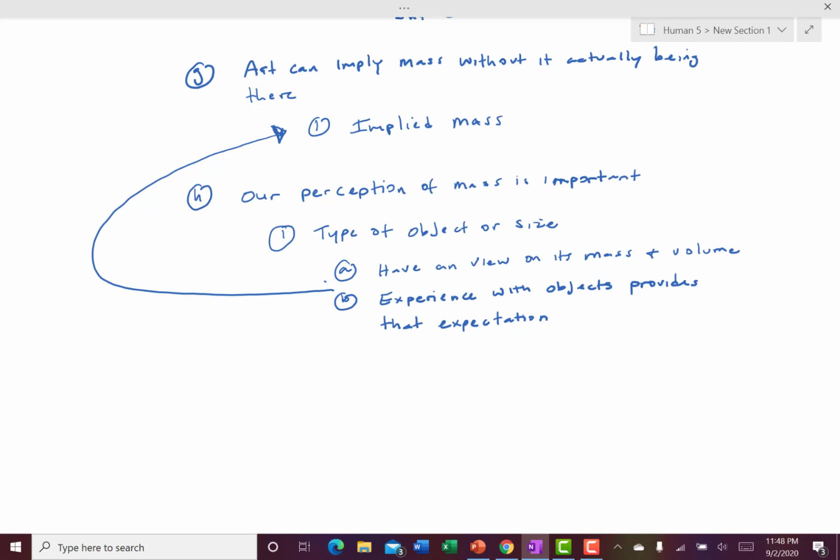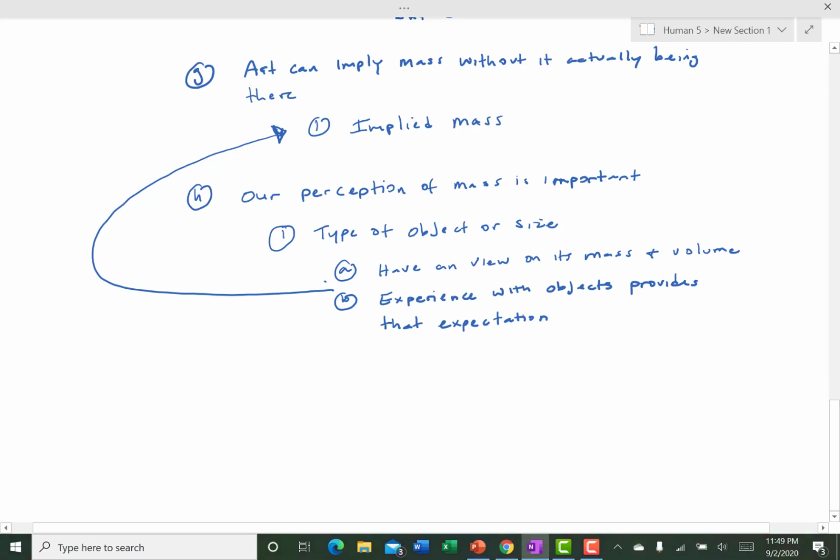And then you could also do it the opposite way, where it's the actual volume of a pencil, so you look at it and you perceive it. Because you can't play with mass if the volume is off. If I have a pencil, in my head I already have an idea of the mass of that pencil. And if the volume looks correct in my head, then I'm going to immediately think and expect the mass to be the same.